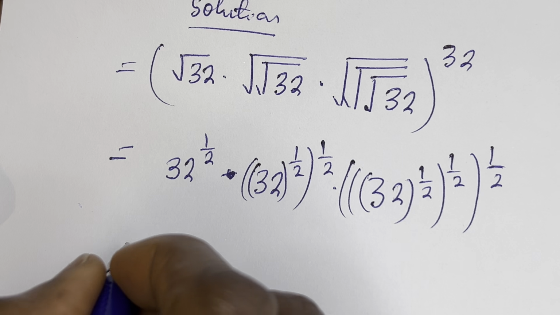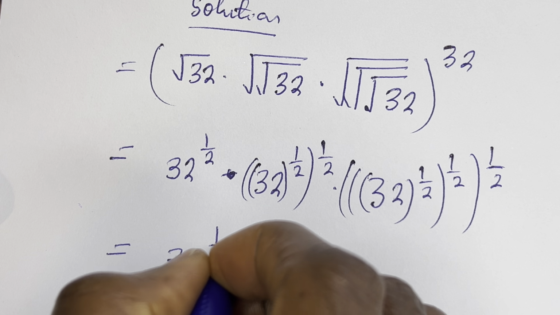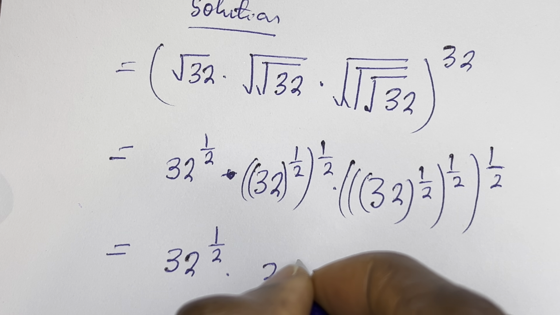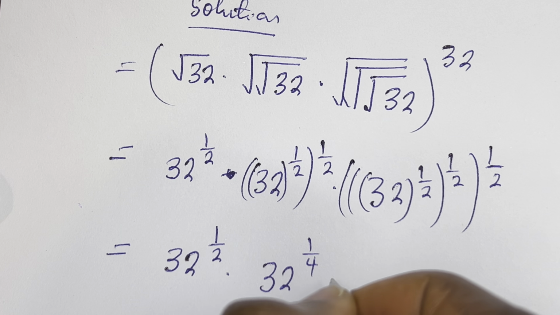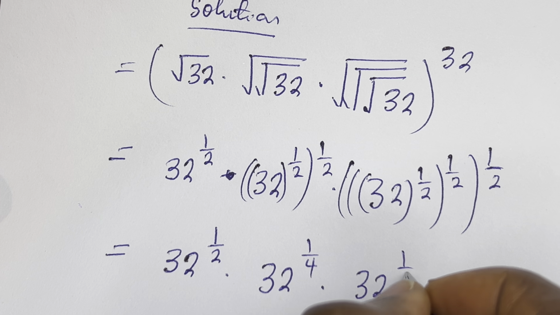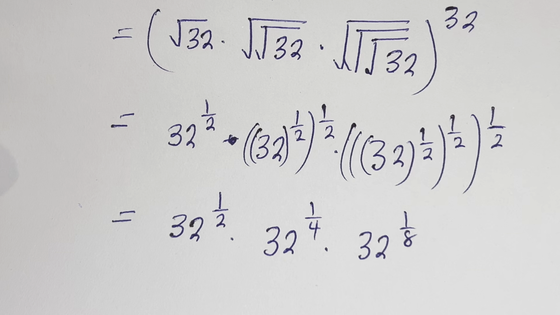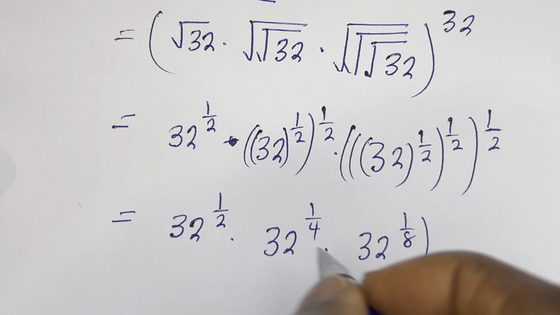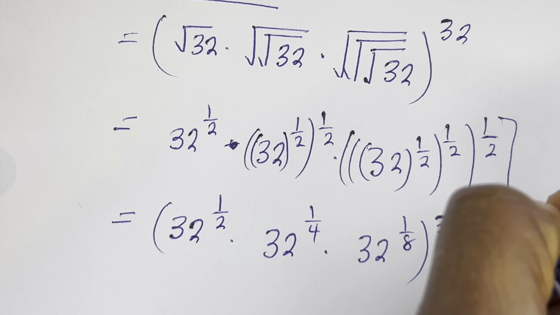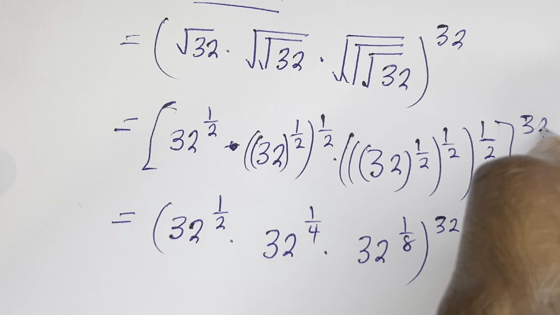So this is equal to 32 to the power of 1 over 2 multiplied by 32 to the power of 1 over 4 multiplied by 32 to the power of 1 over 8. Then all to the power of 32.